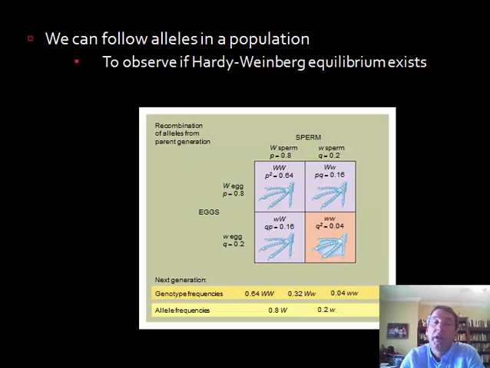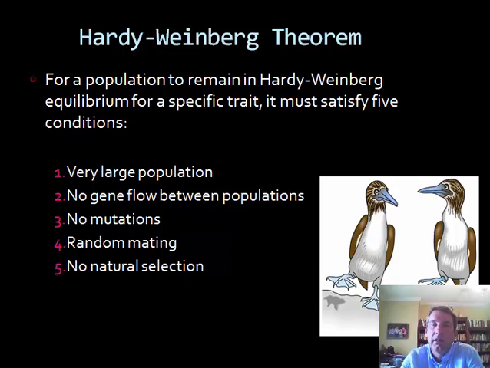All right, so the conditions that Hardy-Weinberg stated are the conditions that have to be met in order for those frequencies to remain exactly the same. We list these conditions out, sometimes stated in a couple of different ways, but basically the population has to be very large. There has to be no gene flow between the populations.